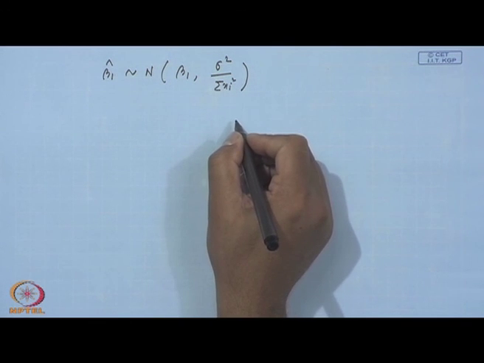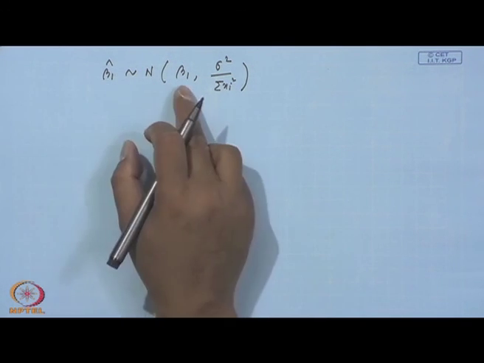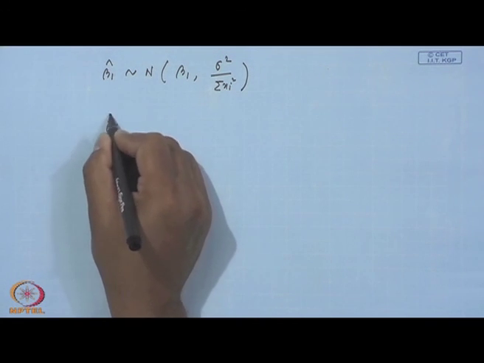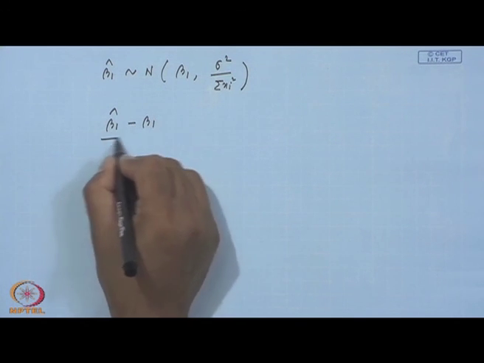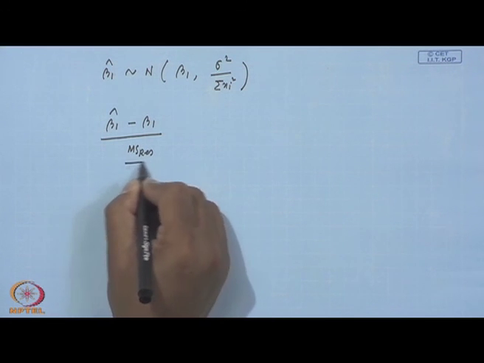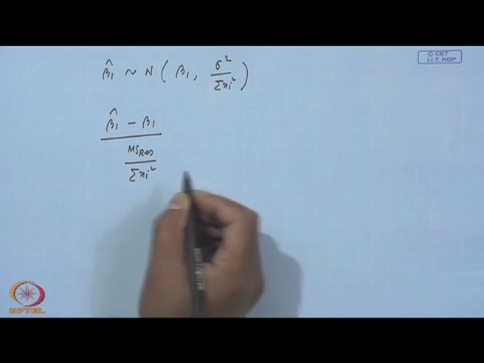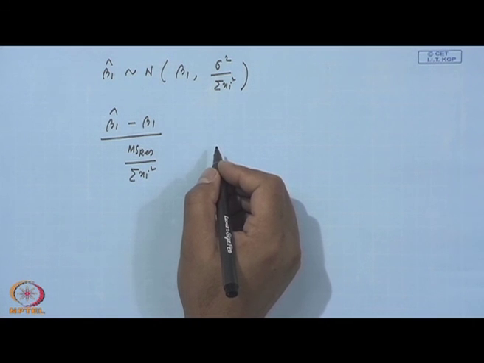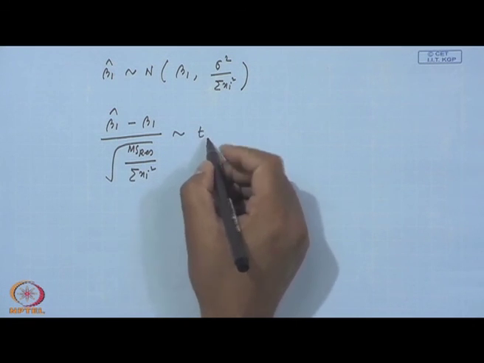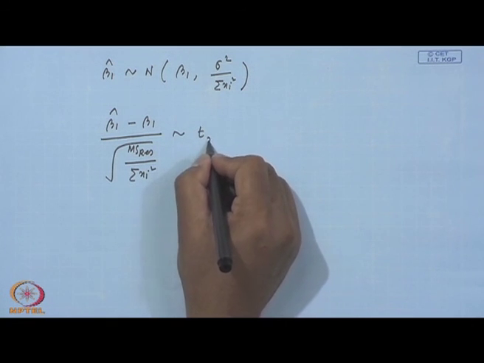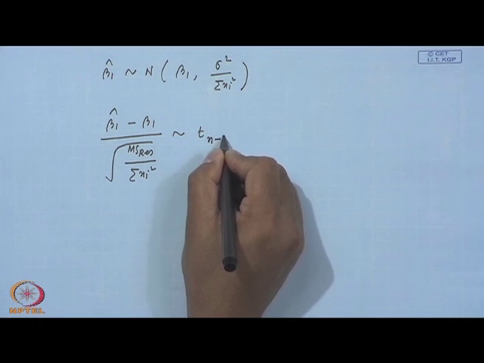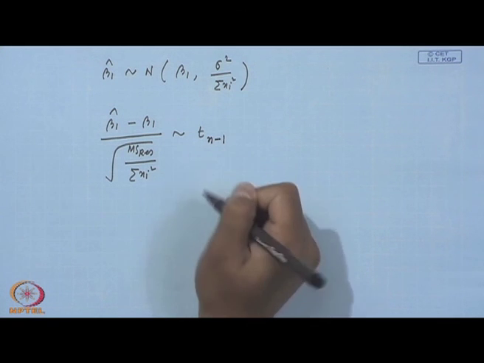Then the usual technique: this minus this by the square root of this follows standard normal. Then beta 1 hat minus beta 1, if you replace this sigma by MS residual by summation x_i square, what you get is that this follows a t distribution with degree of freedom n minus 1 here.